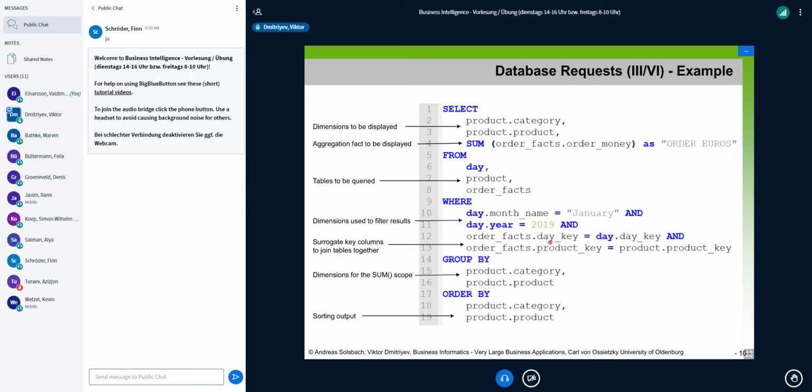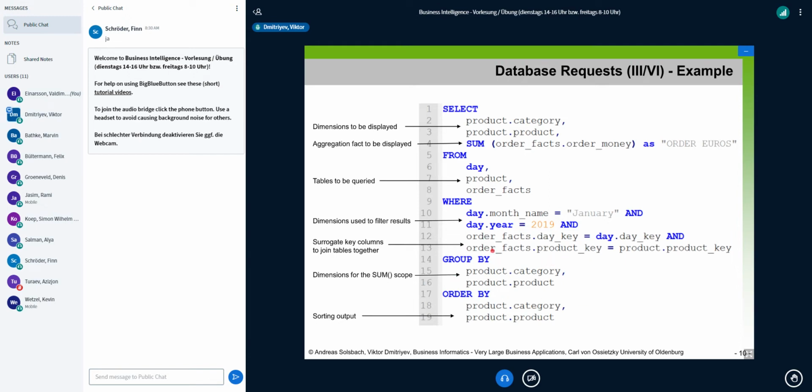You know it as an inner join, or a join simply, but I'm usually doing it this way, explicitly mentioning what fields should be joined. In this particular case, you see that the order facts day key is joined with the day table by the day key, and the order facts table is also joined with the product table on the product key.